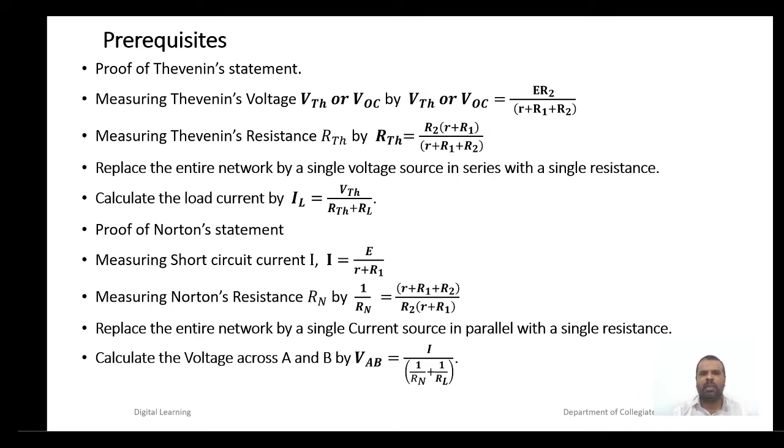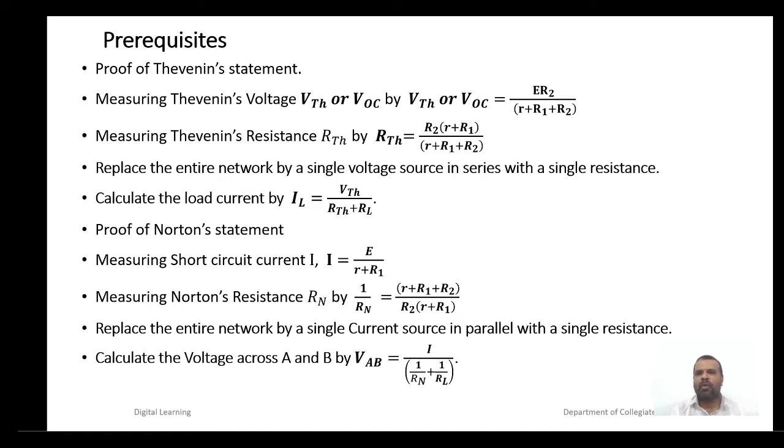In the previous class, we studied the proof of Thevenin's statement, measuring Thevenin's voltage by using the formula VTH or VOC is equal to ER2 divided by small r plus R1 plus R2. After that, you measured the Thevenin's equivalent resistance by using the formula RTH is equal to R2 into bracket small r plus R1 divided by small r plus R1 plus R2.